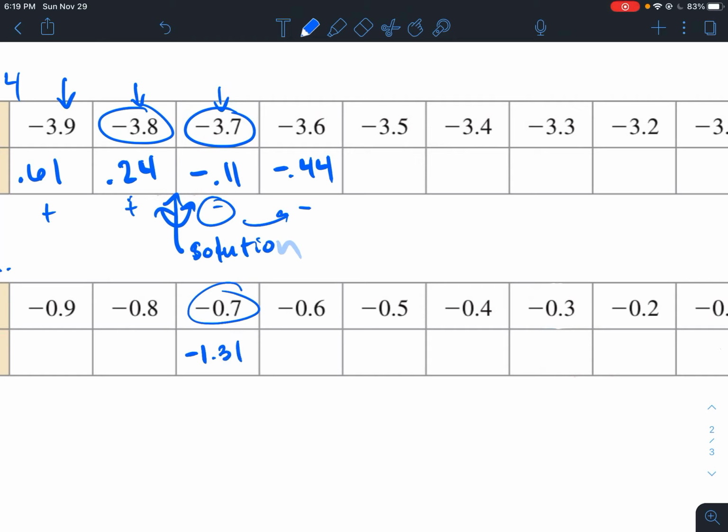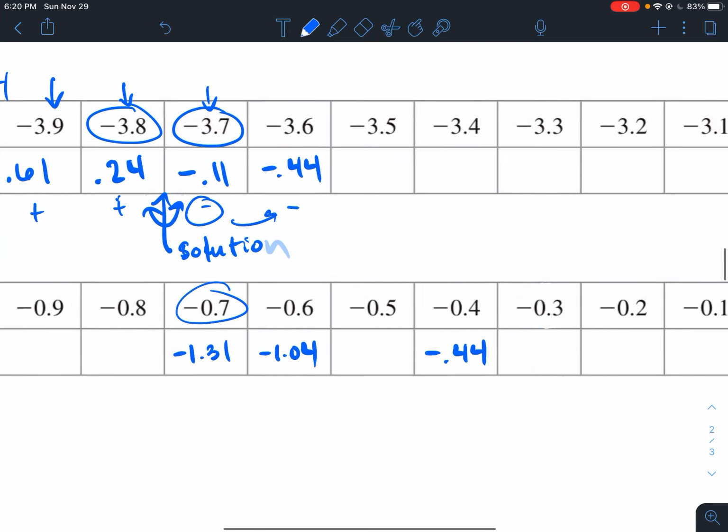So we're still negative. Okay, let's try negative 0.6. When I plug that in, I get negative 1.04. So still not getting that close. I'm going to try and jump to negative 0.4. I plug that into the equation, I get negative 0.44, so I'm getting close.